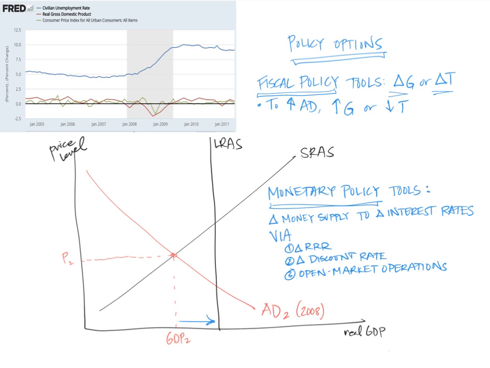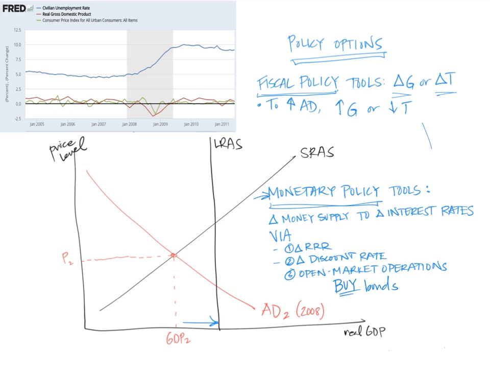Then, as we already discussed with monetary policy, money supply needs to change interest rates. Right, we need to increase money supply to decrease interest rates, and we can do that with a reserve ratio, with a discount rate, or we can do open market operations, and the direction that would be to buy bonds to get money from the Fed into banks circulating through the economy.